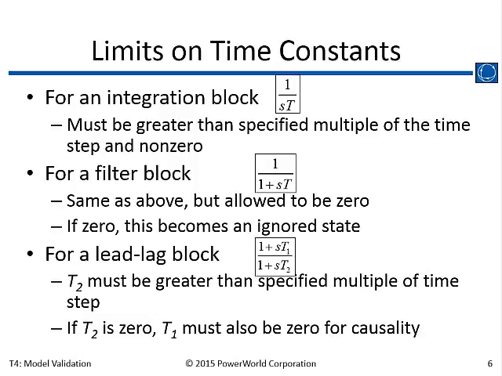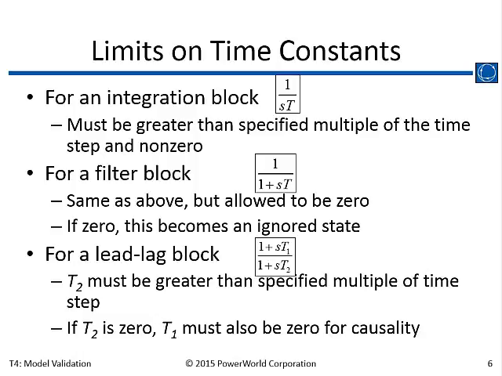If that goes to 0, a 1 over T multiplier, as T goes to 0, it goes to infinity. So clearly, this one cannot be ignored. And T can't be too small. So there has to be some limit on that. It says it must be greater than the specified multiple of the time step, and it can't be 0. So we don't allow 0 on that.